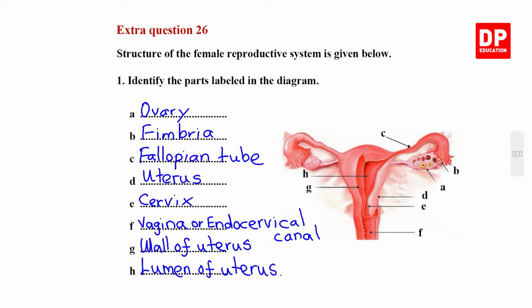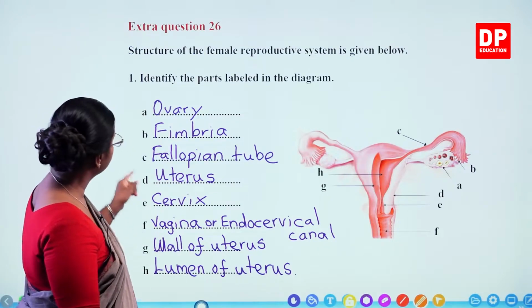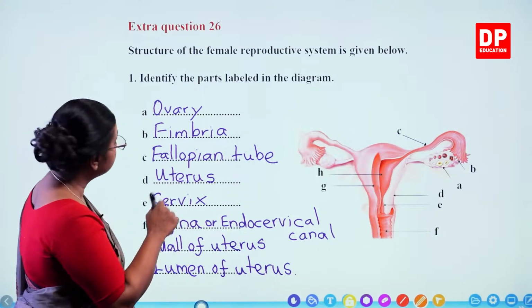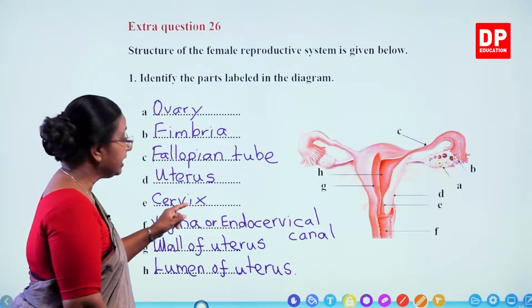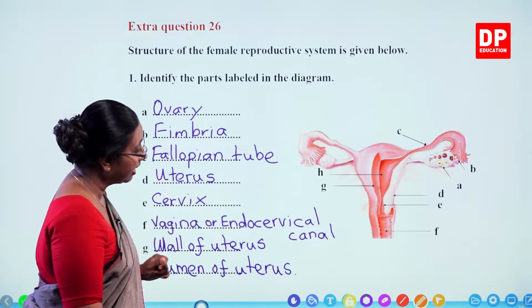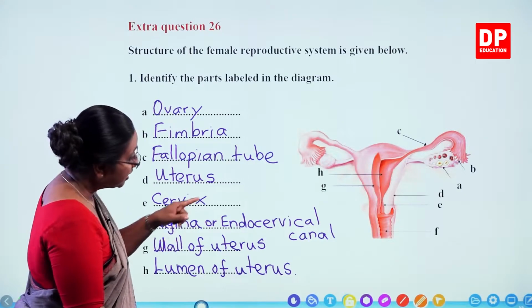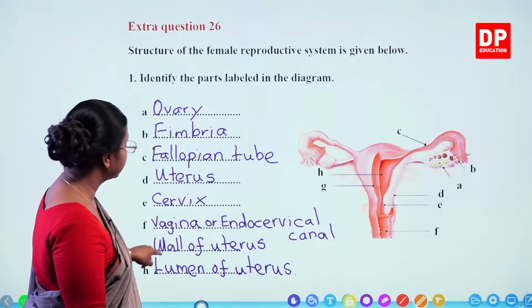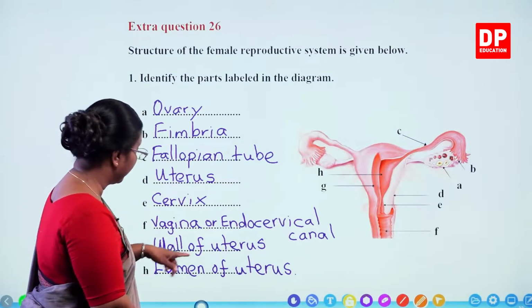So we have identified all the parts. Part A is ovary, part B that is fimbria, then C is fallopian tube, D is uterus, E is cervix, then we have F that is vagina or endocervical canal. Then we have G that is the wall of uterus and inside H is the lumen of uterus.